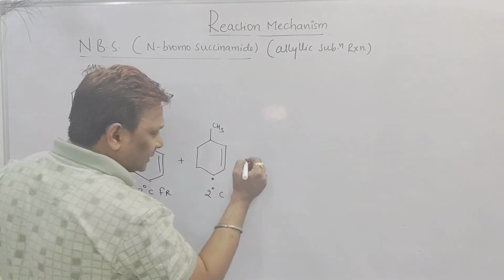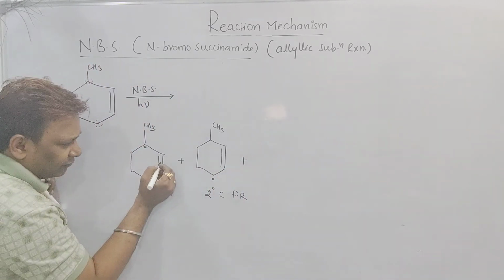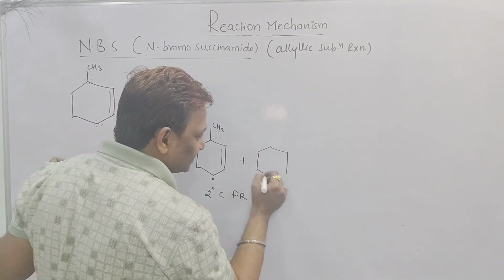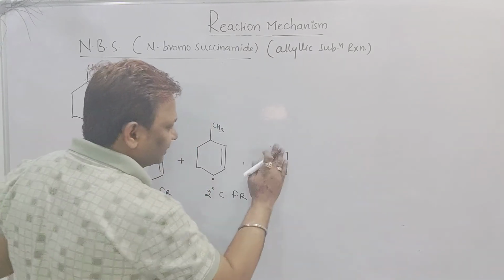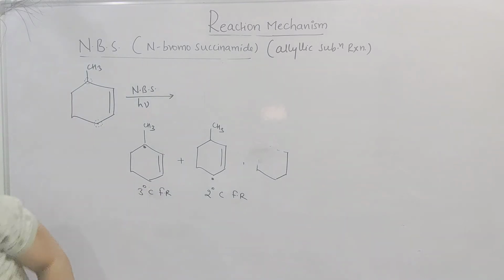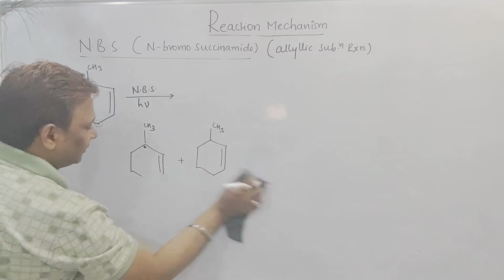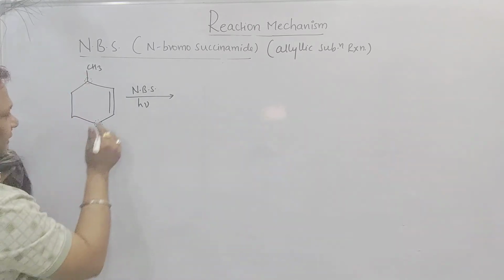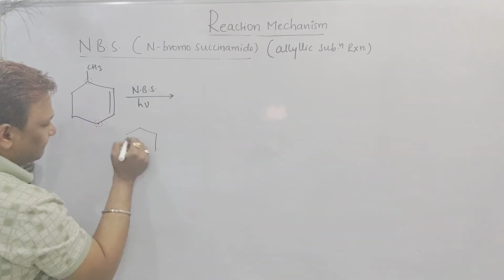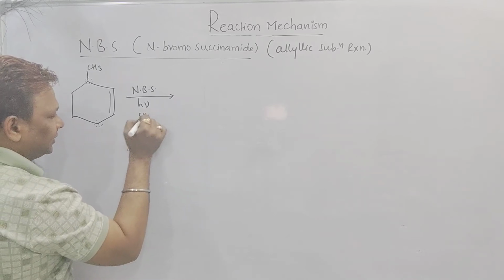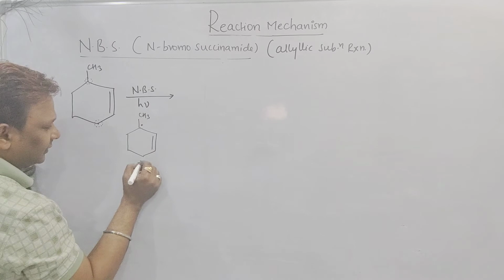But there is a possibility that if we break this bond, which bond? After formation of this tertiary radical, I'll write on this side. Here it is a pi bond, it is a CH3, it is a tertiary free radical.